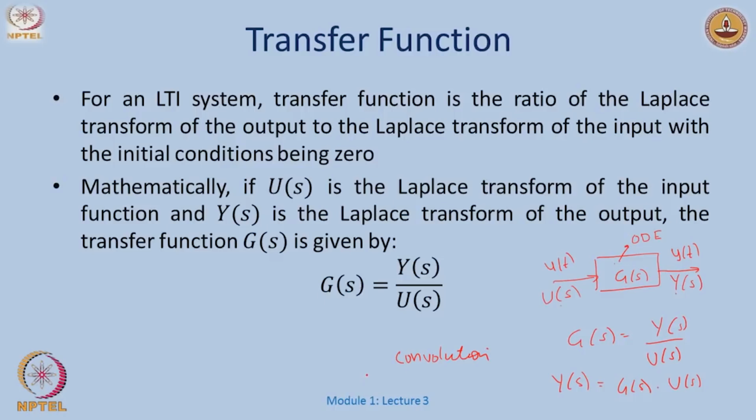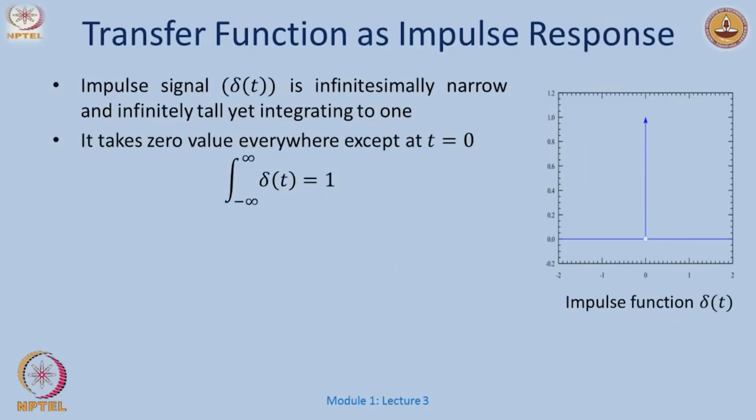So, if y(t) is my output signal, G(t) is the system, and there is a convolution with the input. Now we get rid of these things: this g(t) is replaced by G(s), and this G(s) is called the transfer function.